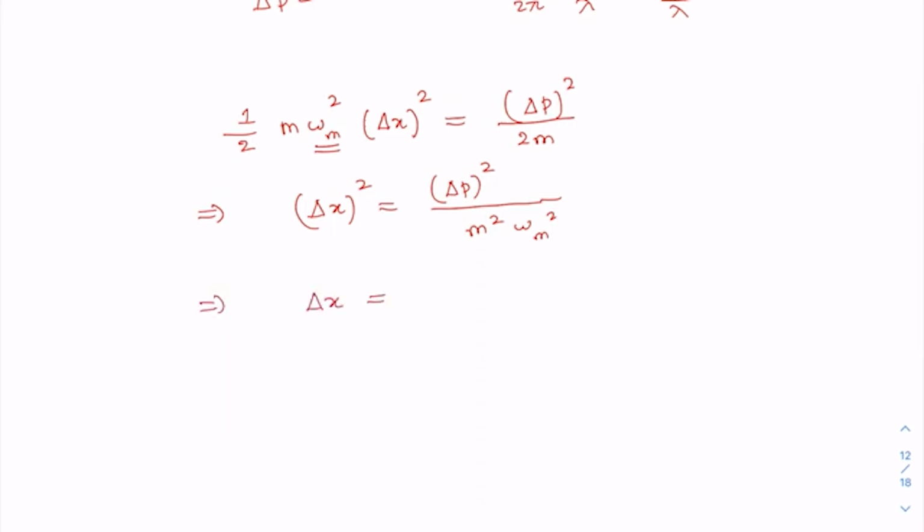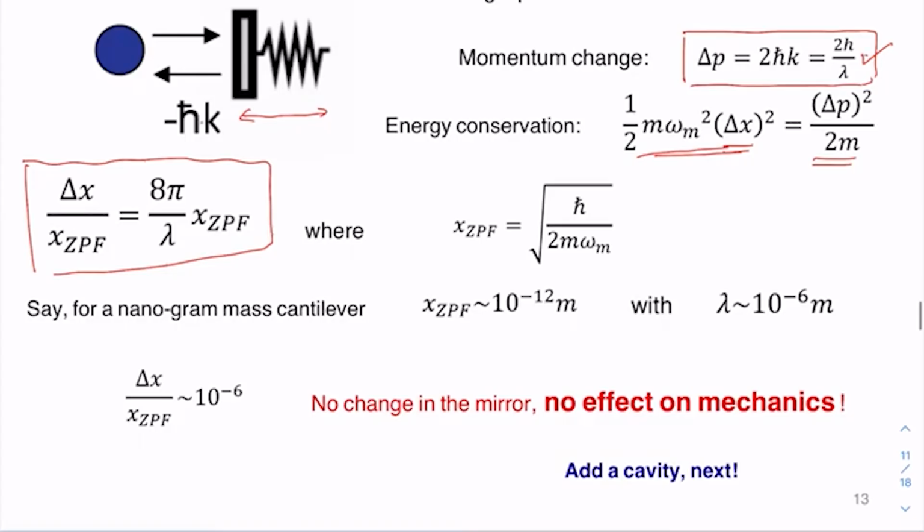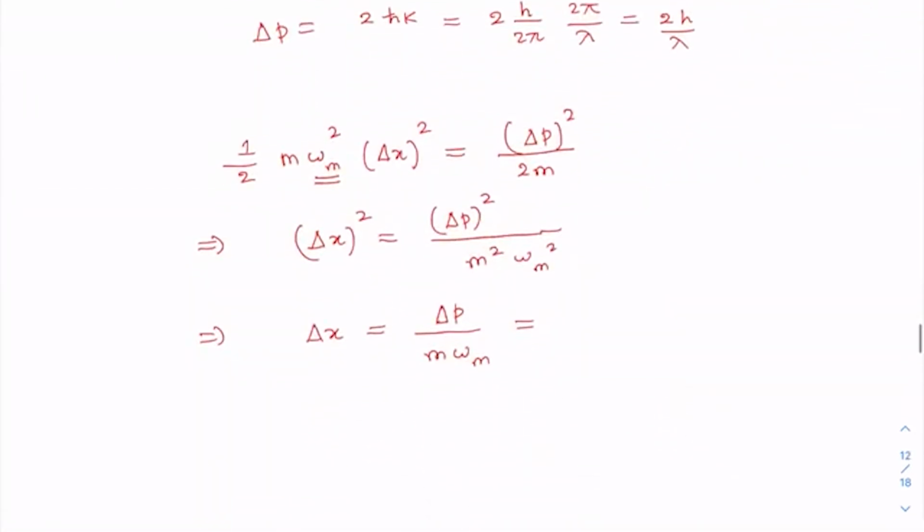Delta x is equal to delta p divided by m omega m, and delta p is equal to 2h by lambda. So this is 2h by lambda m omega m.